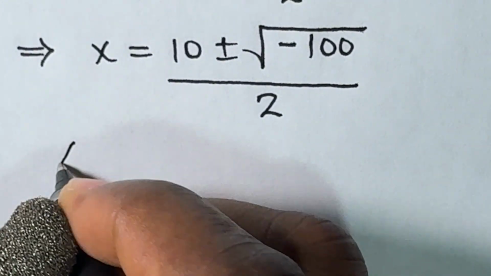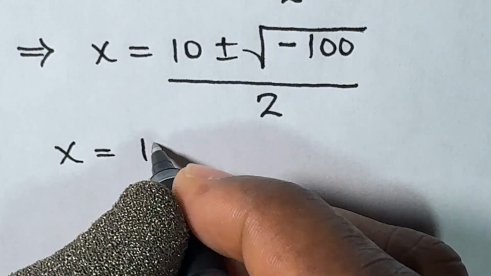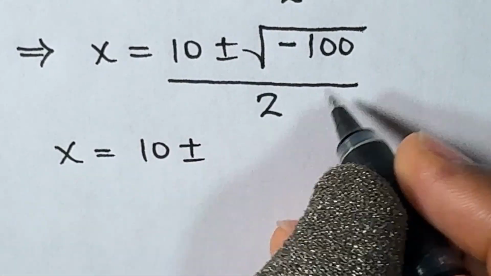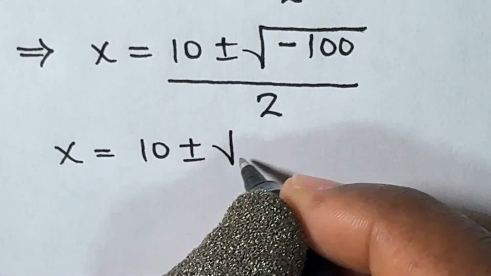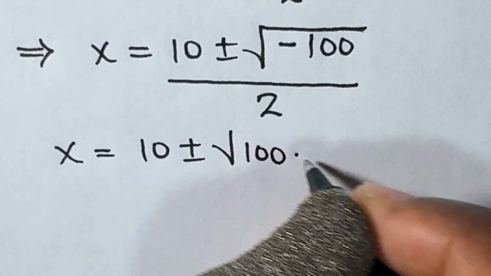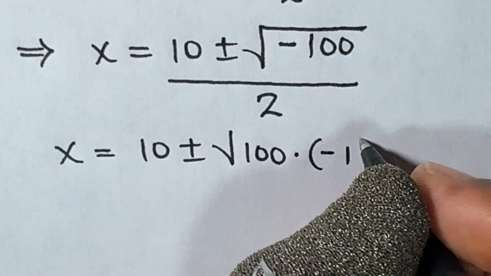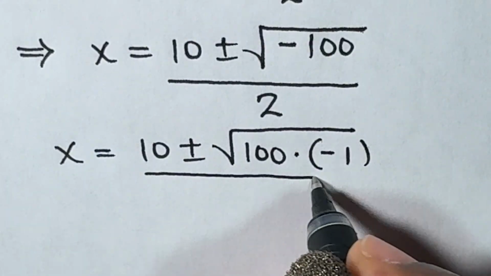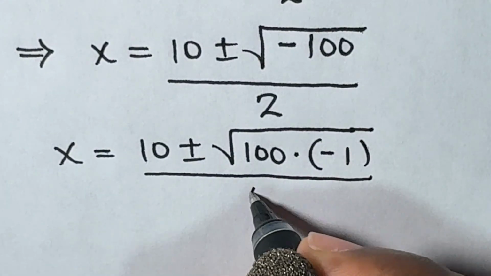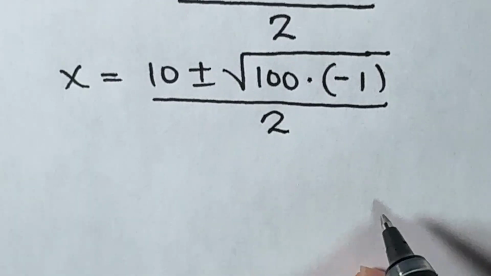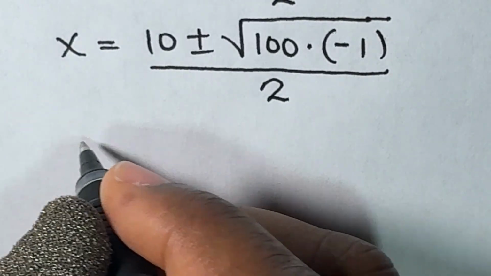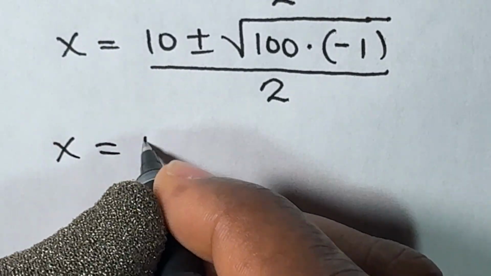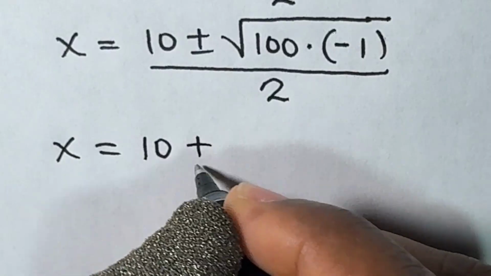So we have x is equal to 10 plus or minus negative 100, which is the same as saying 100 times negative 1, then divided by 2. So x is equal to 10 plus or minus.